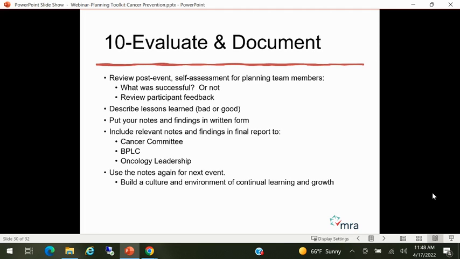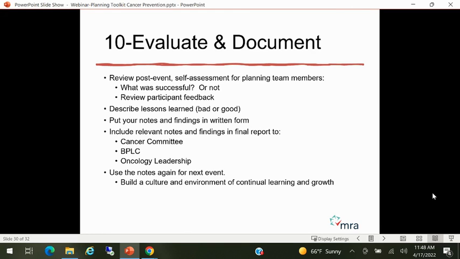You have nothing to gain by not being totally honest here. Put all of your notes and findings into a written form back on that planning checklist. Include any relevant notes, findings, or handouts, and then pull your written final summary together that you're going to present to Cancer Committee, the BPL, and I would suggest even to your oncology or facility leadership. Talk about what worked and didn't work.